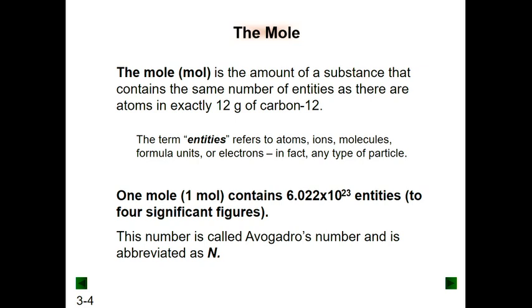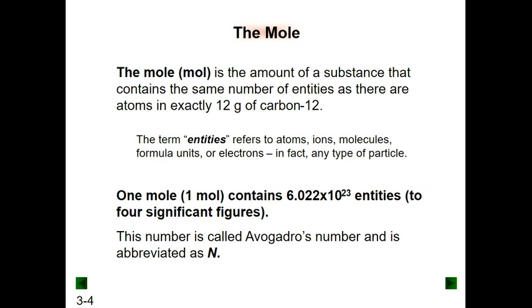So it's really important that entities can be atoms, molecules, things, whatever. And 1 mole of any entity represents 6.022 times 10 to the 23rd entities, and that is the magic number of Avogadro. Avogadro's number is a number you need to memorize: 6.022 times 10 to the 23rd. So 1 mole of atoms contains 6.022 times 10 to the 23rd atoms. 1 mole of molecules contains 6.022 times 10 to the 23rd molecules.